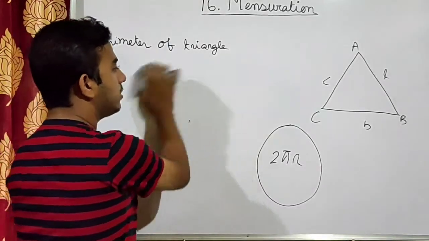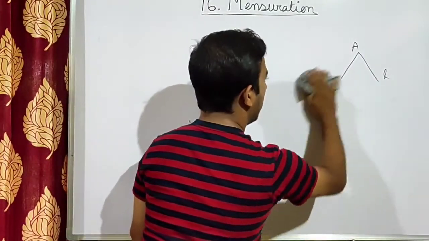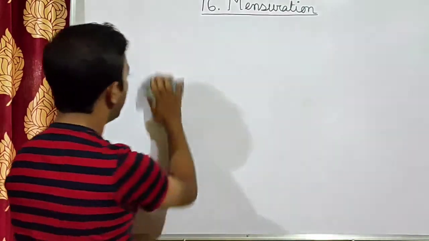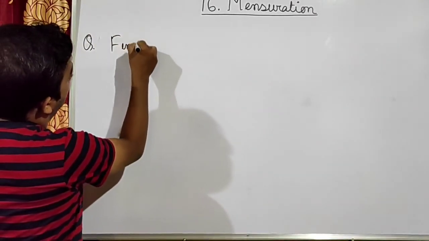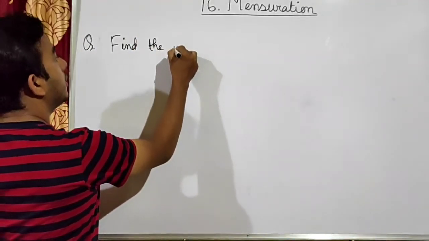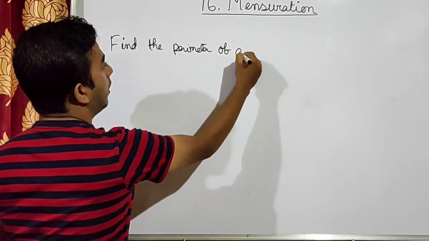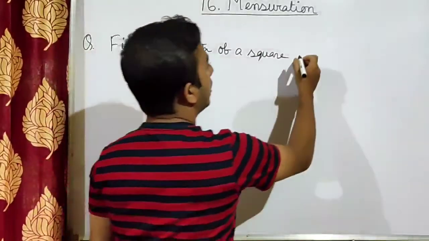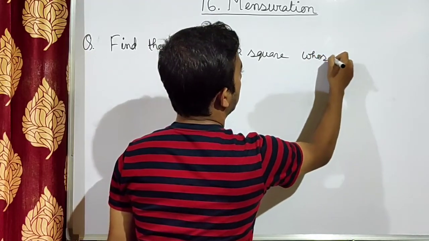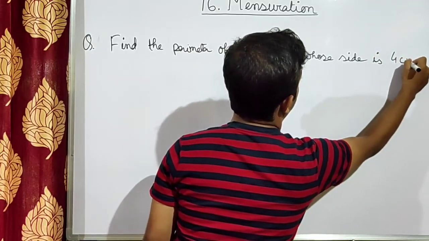So now our task is to solve a few questions, isn't it? First let's start with the square. Can we write a question like this? For example, find the perimeter of a square whose side is, for example, 4 centimeter.